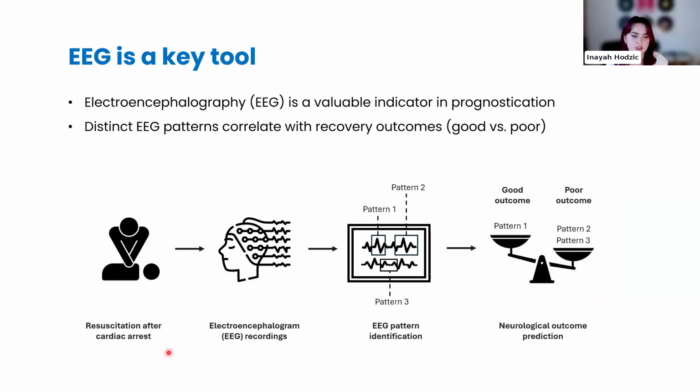So a patient may be resuscitated after cardiac arrest, brought into the ICU, their EEG recordings might start, and then the different patterns can be visually seen within the EEG recordings. And a neurologist or clinical neurophysiologist has to weigh all these different patterns that might indicate one or the other and create an as accurate as possible outcome prediction for further treatment and the recovery.